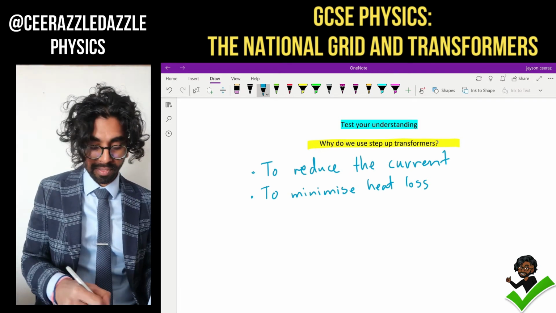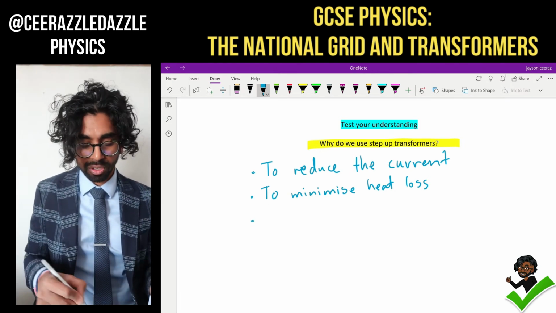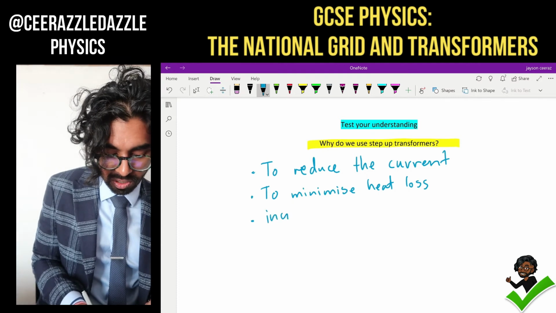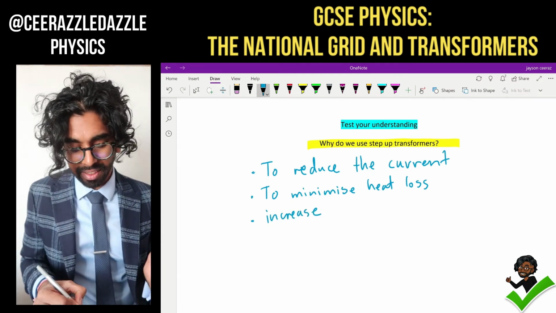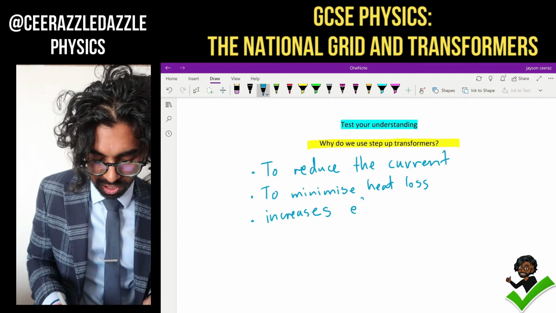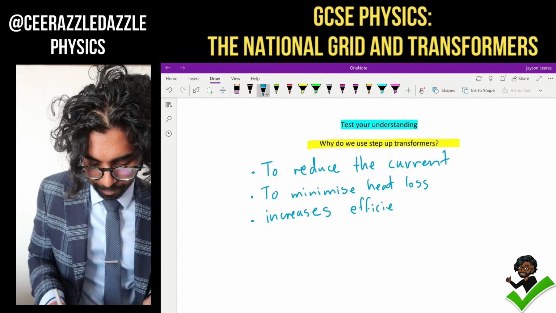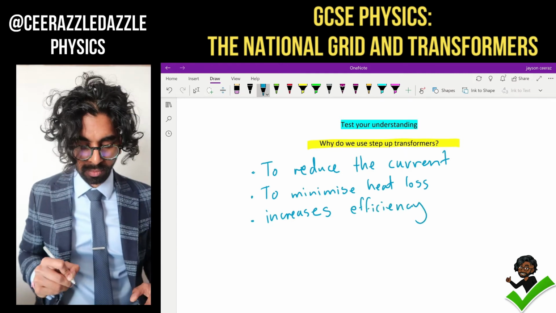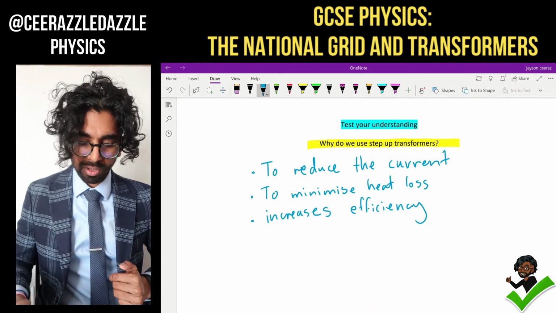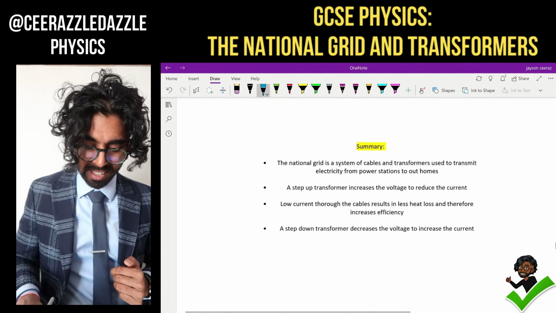Okay, yeah, and therefore if you reduce the heat loss, this increases the energy transferred, and therefore this increases the efficiency. Good stuff.